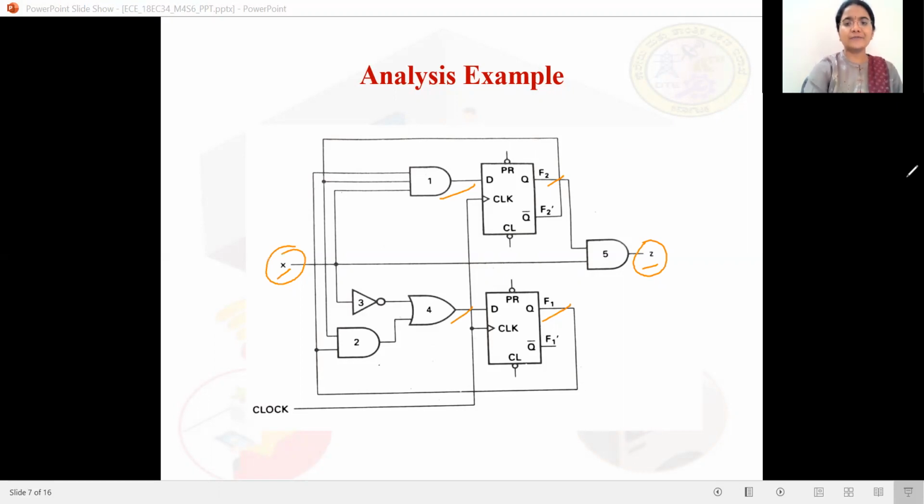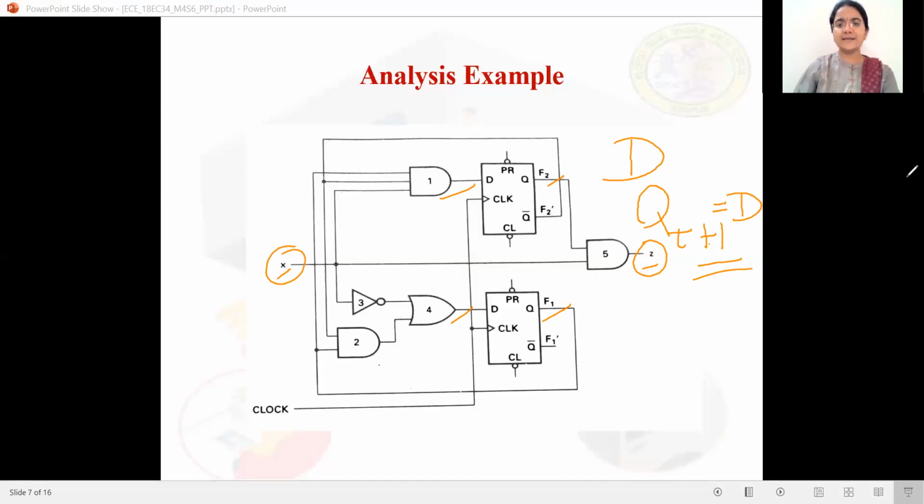The type of the flip-flop is D here. This is the characteristic equation of the D flip-flop, which means that whatever input we provide will be our next state after the clock pulse.